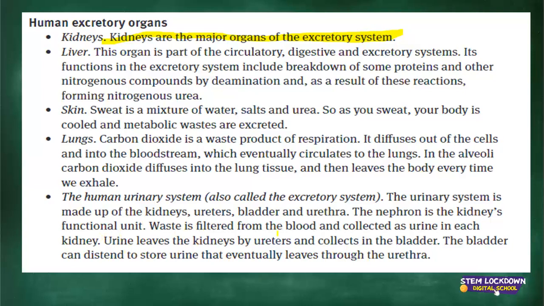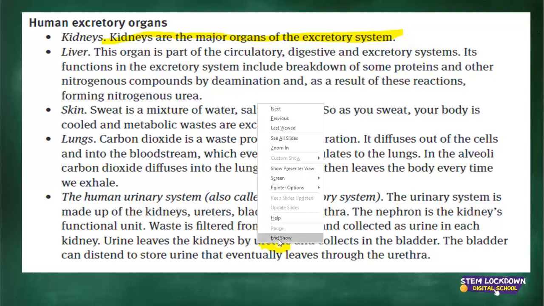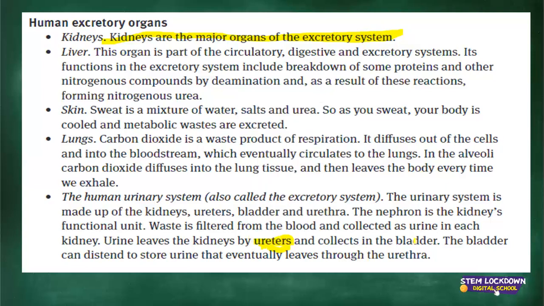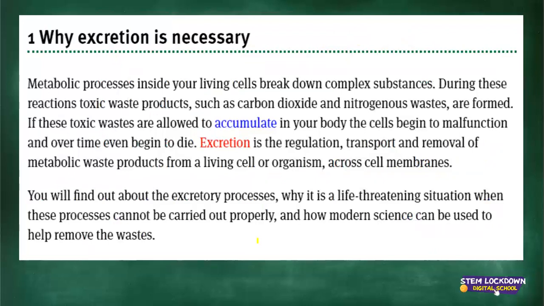Then urine will leave the kidneys by ureters. Those that collect urine from the kidney are ureters, and they store it in the bladder. Then the one that collects the urine from the bladder is the urethra. But don't worry guys, we will learn in detail each and every one of these as we move along the week.